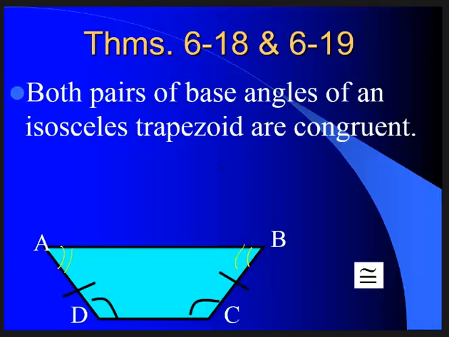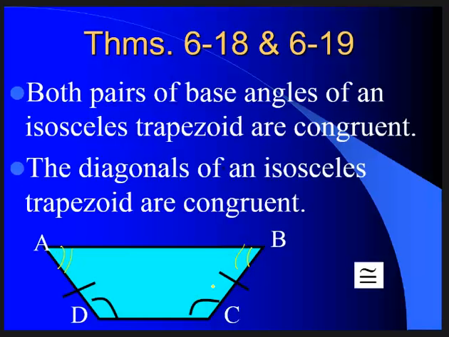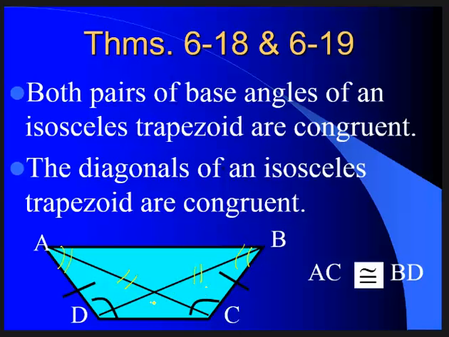And the diagonals of an isosceles trapezoid are congruent. So this whole line BD and this whole line AC are congruent to each other. They do not bisect. Okay, don't start throwing in properties of other quadrilaterals in here.